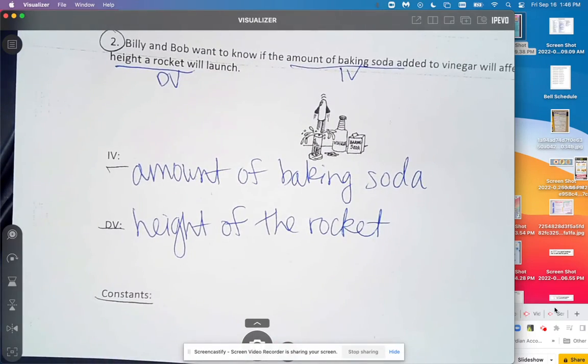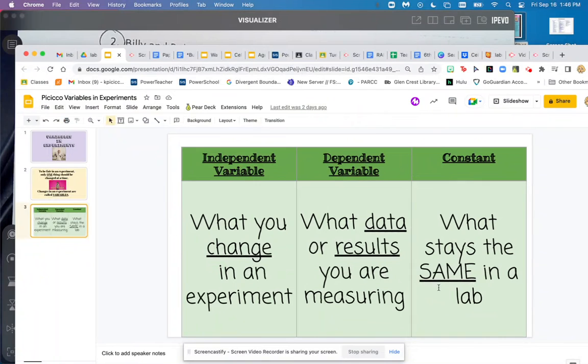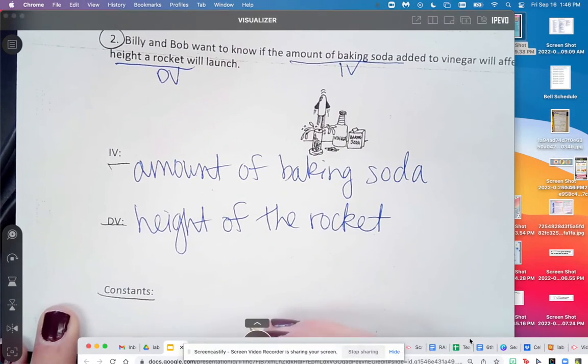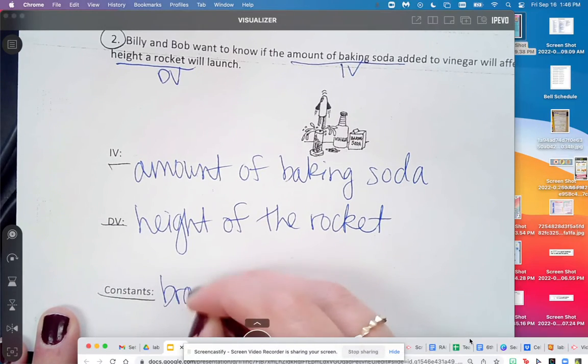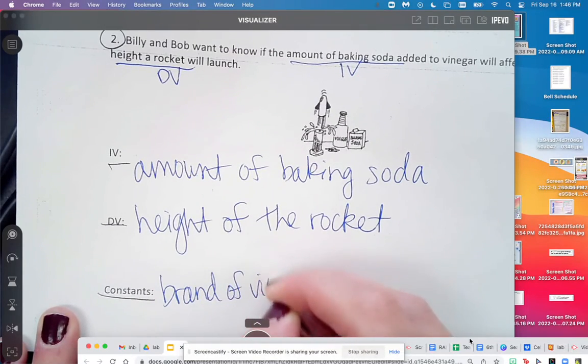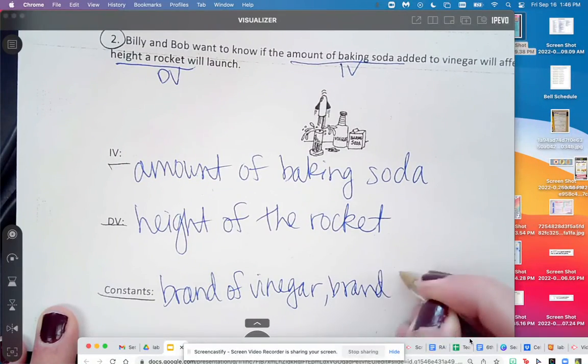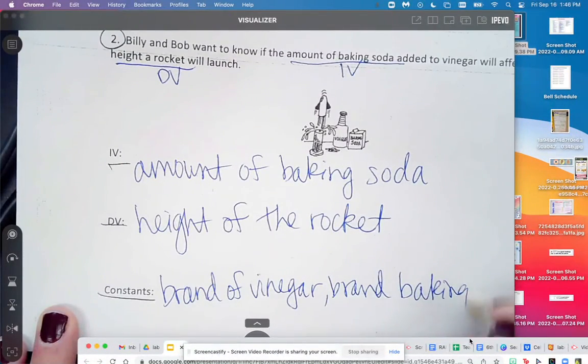Constants, if you remember, are what stays the same. So, what's going to have to stay the same no matter how much baking soda I use or how little? What has to stay the same? So, maybe I would say the brand of vinegar should be the same in every kind. The brand of baking soda should be the same in every kind.